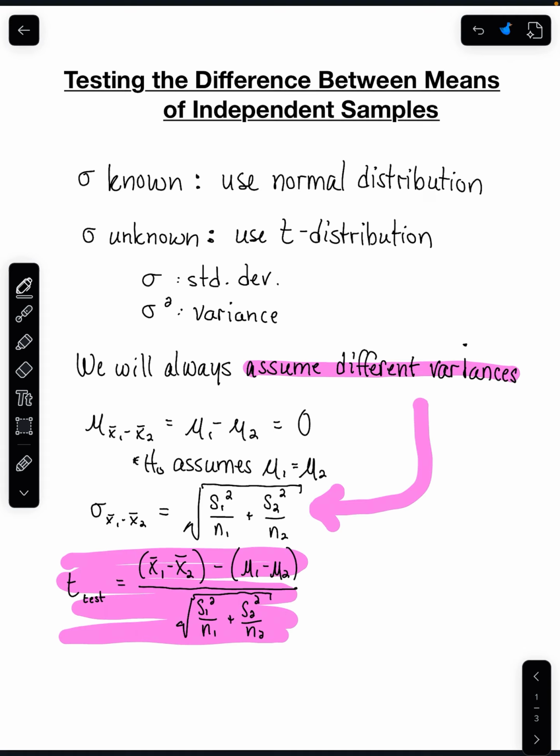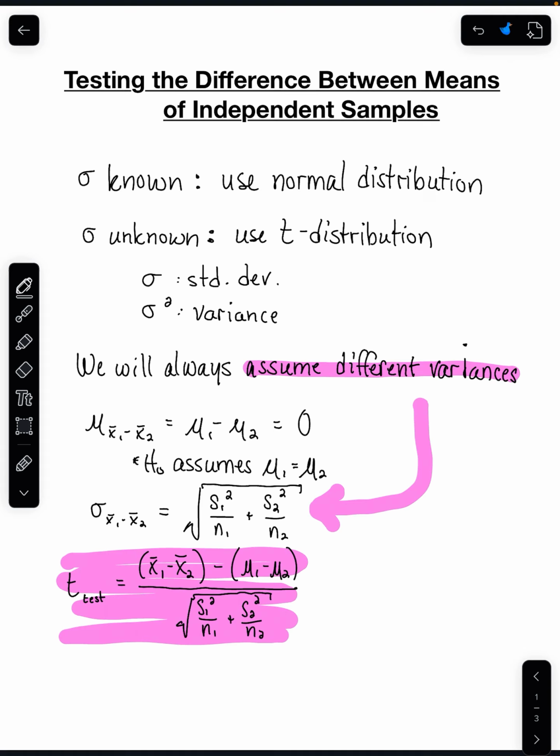That's not a problem if we're using technology. Of course, we don't always have that option. Sometimes, if we're using the t-distribution table, we have to have a whole number for the degrees of freedom.